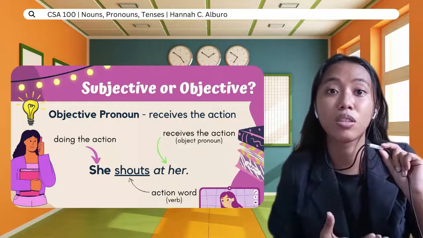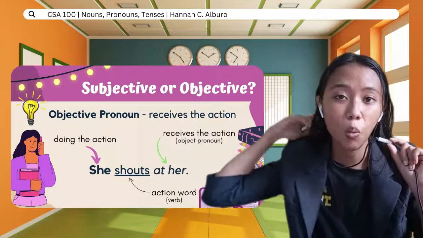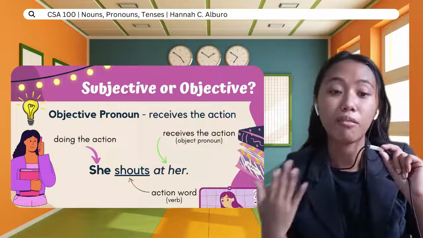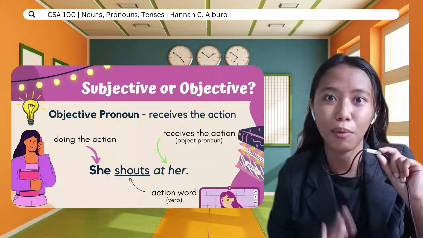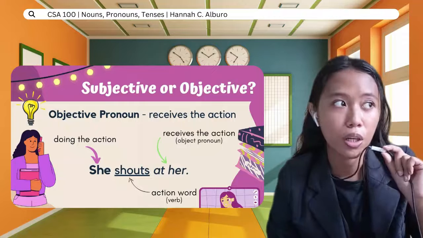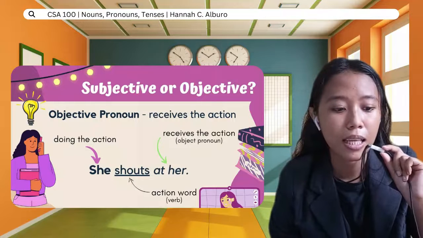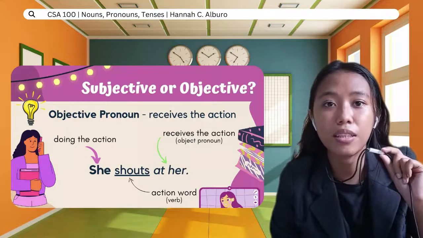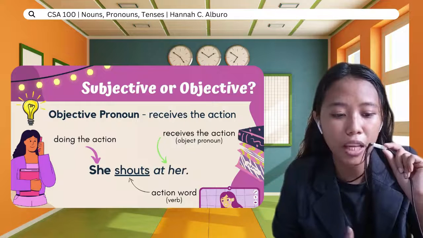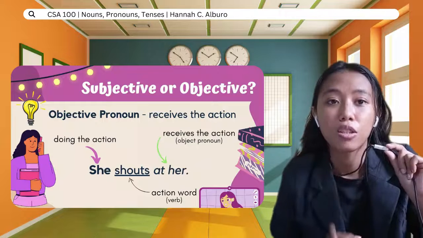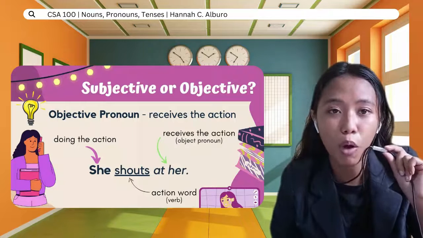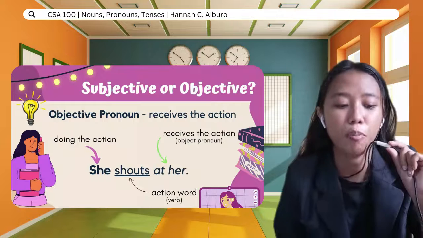It is because she is the one doing the action of shouting. And then we have another pronoun, her. The pronoun her is the one that is receiving the action of being shouted by the subjective pronoun she. So her is the objective pronoun that receives the action of being shouted.